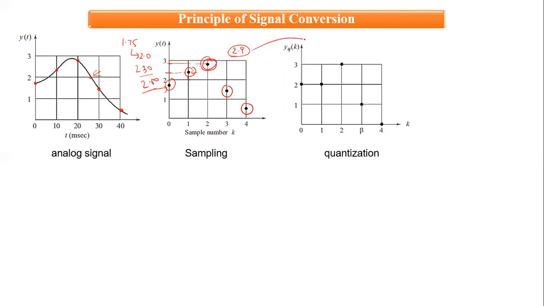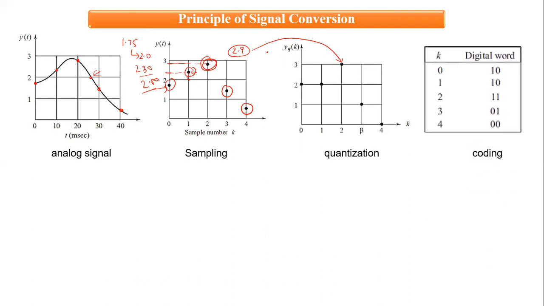So we have rounded off this sample to 3. So this rounding off of a sample is the quantization process, so that we can get the discrete values of the sample magnitude. Instead of having the fractional value, we have now the discrete value, right?